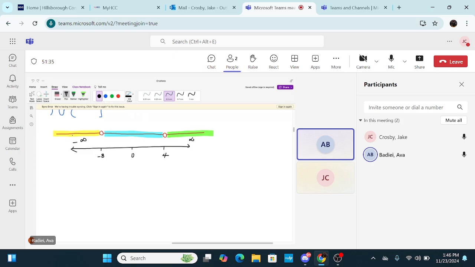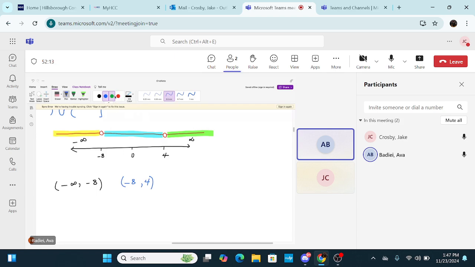The yellow one, we are going to say, is from negative infinity to negative 8. For infinities, always put parentheses. Now for negative 8, do you think it should be parentheses or bracket? Parentheses. That's it. Now for the blue interval, it's going to be from negative 8 to positive 4. Should I put brackets or parentheses? Parentheses for both.